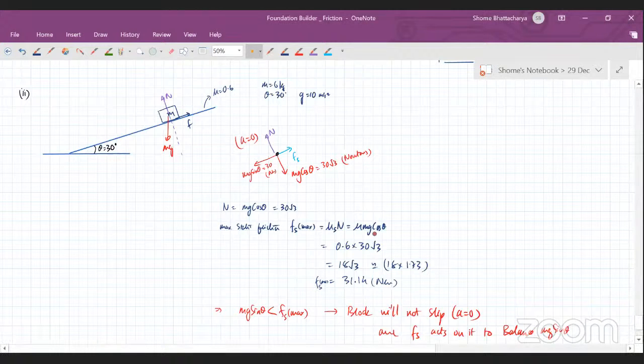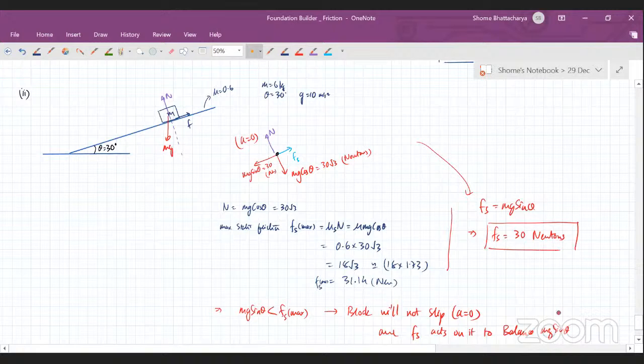Now from this you can see that the second equation will become that static friction balances mg sine theta. So even though the maximum static friction is more than 31 newtons, only 30 newtons of friction will act and the acceleration of the block will be 0.